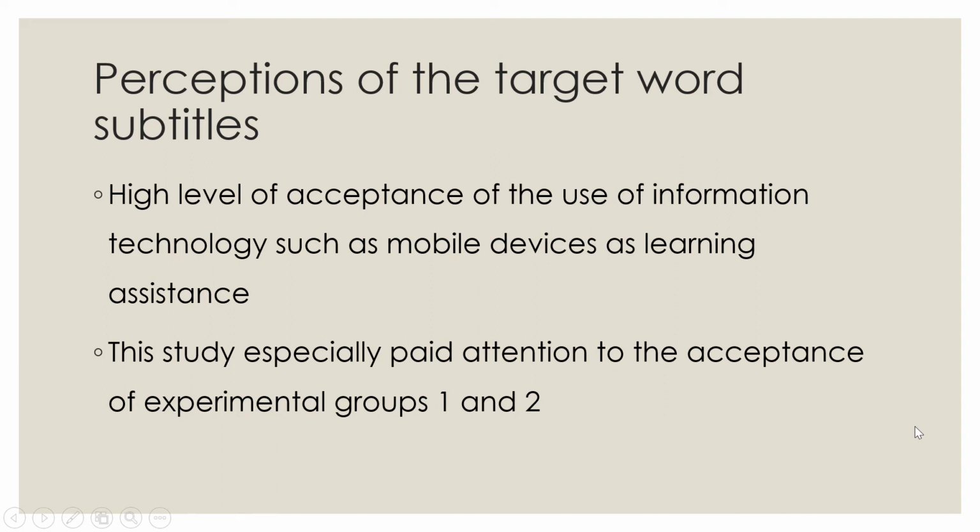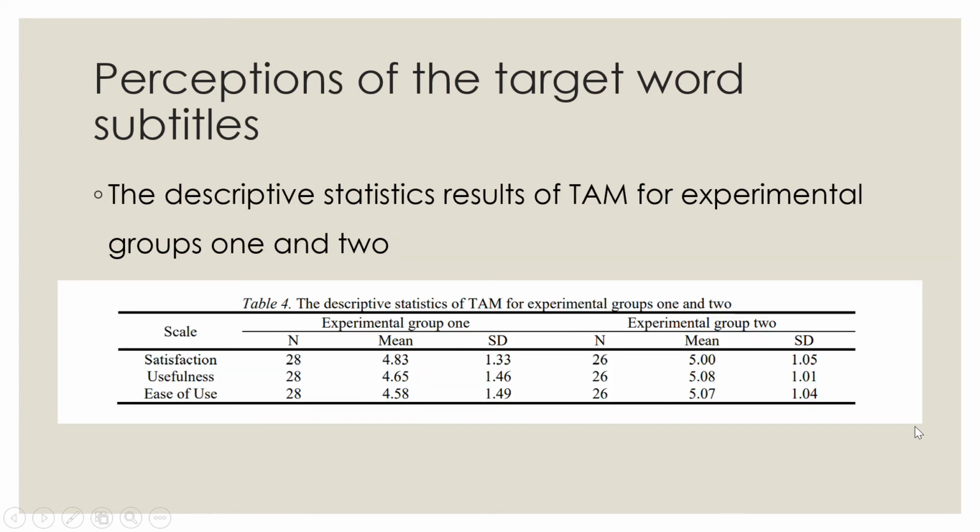And as for their acceptance of technology, it shows a high level of acceptance. And the study, yes, okay. So this is the descriptive statistics result of TAM for experimental groups 1 and 2.